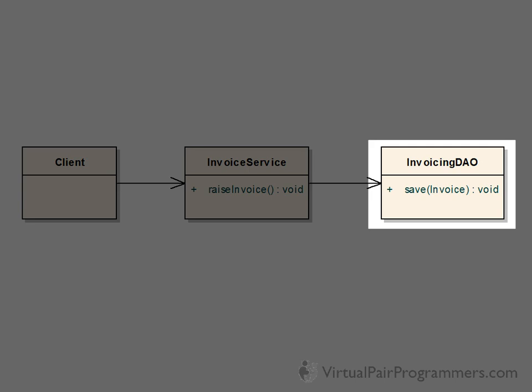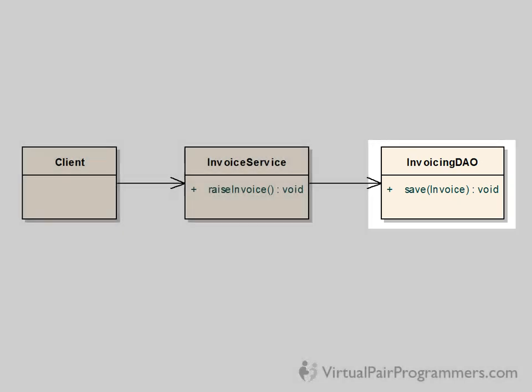Let's say, for example, that the save method here is going to be using JDBC to persist the data. Now, by the way, I don't know if you're familiar with JDBC. That's quite a basic library that we can use to access relational databases from Java code. It's built into the Java library, which is good, but it is a bit of a pain to program.